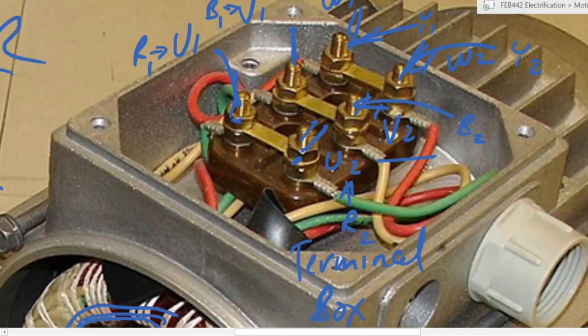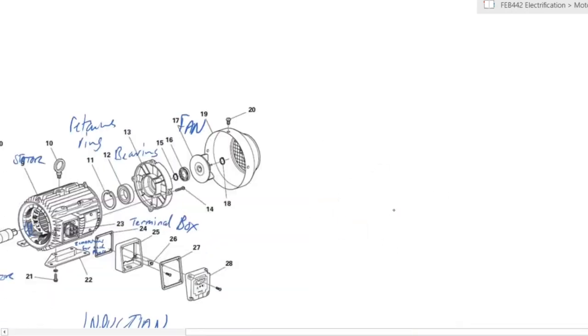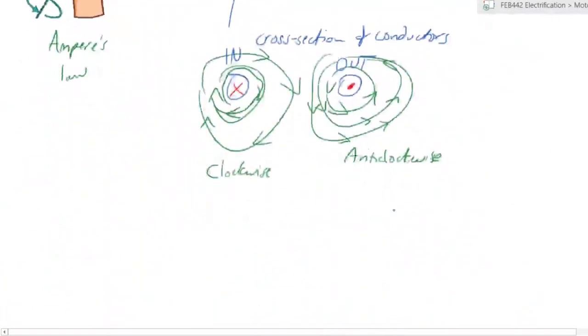So what happens is you connect each of the three phases to a certain end of the windings. So the red would enter the winding through here. It circulates inside the motor, and it will come out at this end as red 2. Okay, which is what we are talking about over here. Right?